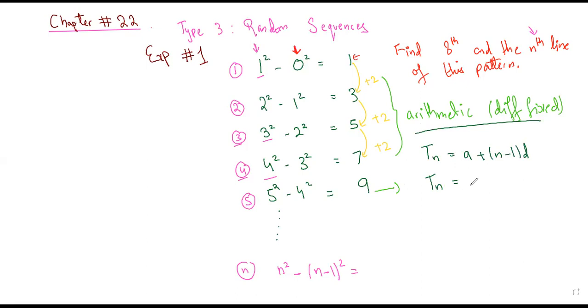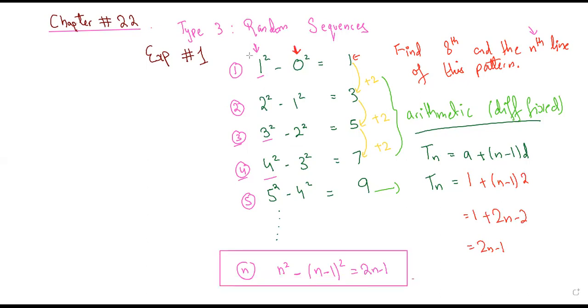So it would be 1 plus n minus 1, and the difference is 2. This will give you 1 plus 2n minus 2, and that is 2n minus 1. Did you understand this? Yes. Okay, very well done.